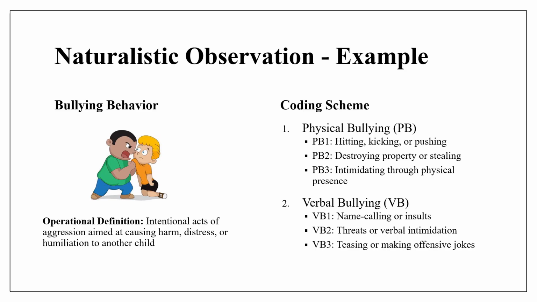Another thing that I wanted to emphasize in this example before we move on to discussing some other things about naturalistic observation is thinking about again the type of behavior that you would actually record through your observations, because the operational definition says that these are intentional acts of aggression that harm another child.